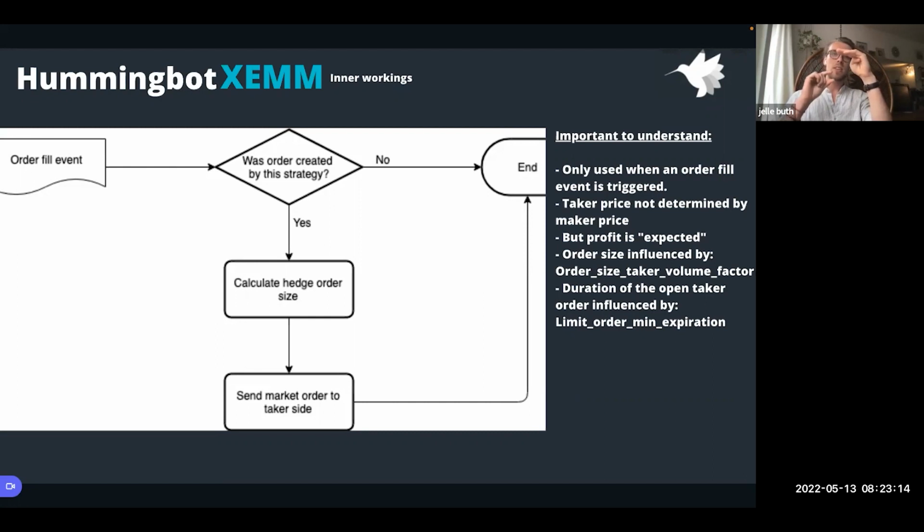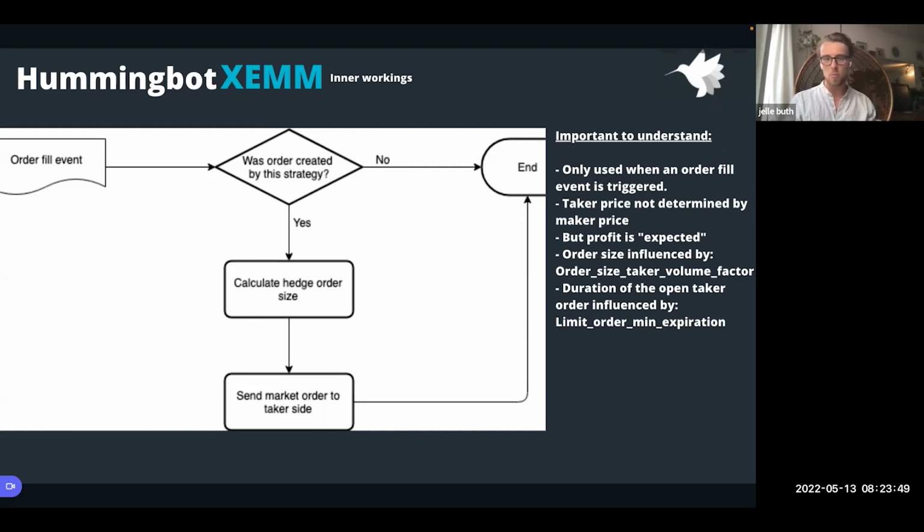But in the split second that you calculate the price you need to hedge your order at, it could be that other cross-exchange market maker traders, or whatever traders, have already taken those prices, and the price has moved. So in this case, profit is expected, but it's not guaranteed because the price could already have moved, which causes execution risk. So I would say it's not a set and forget strategy where every time a maker order is being filled, you just expect to have a profit.